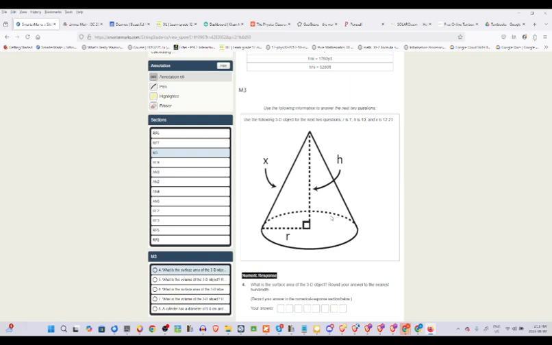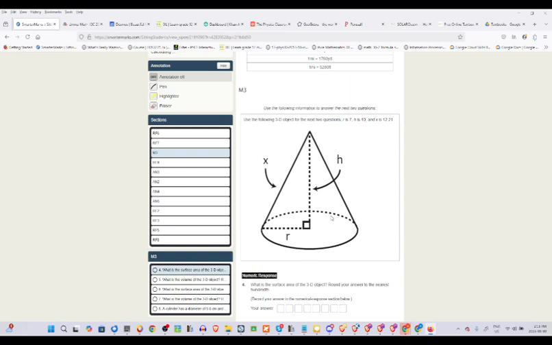So we have a pi, and then r is 7. So pi r squared is pi times 7 squared. And if we go next, pi times r, which is 7, times h, which is, oh, we don't want just h, we want the square root of h squared.